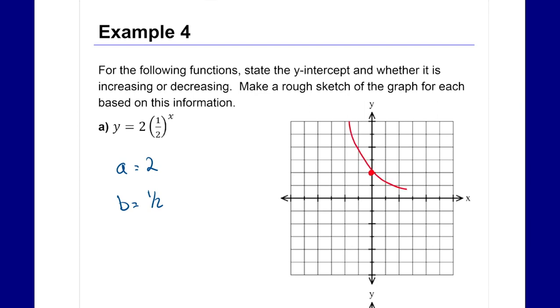And it'll look something like this. We could get technical and plot some of the other points if we wanted to, but for the sake of argument, the main thing is just a sketch. So just what does the general shape look like? And it would look something like that. And we could say that it is decreasing.